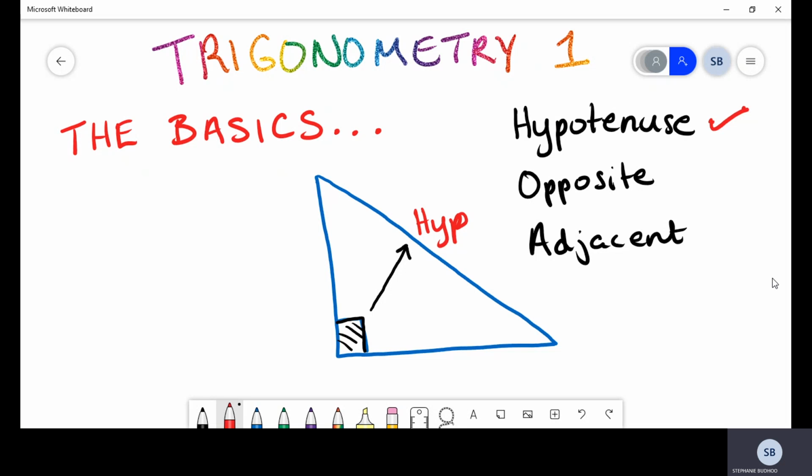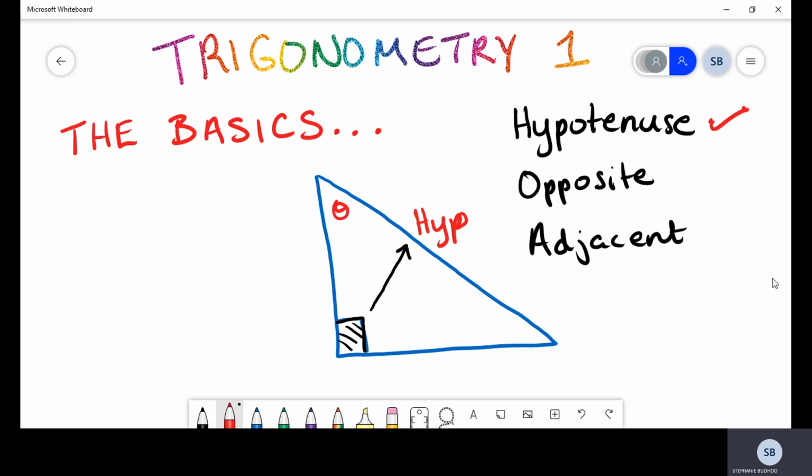Now, theta can be on the bottom here, or theta can also be here. Now, wherever your theta is found, you simply have to use that as a reference point in order to determine the names of the sides of your triangle.